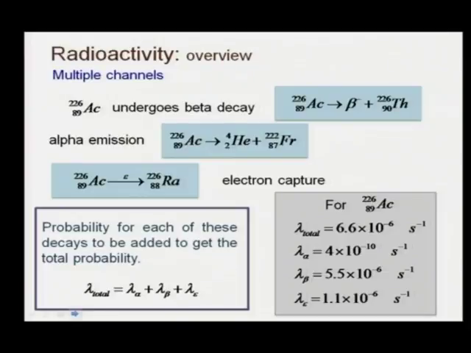Or in 2 seconds, 2 of these will decay through electron capture, 11 will decay through beta decay, and a total of 13 will decay.